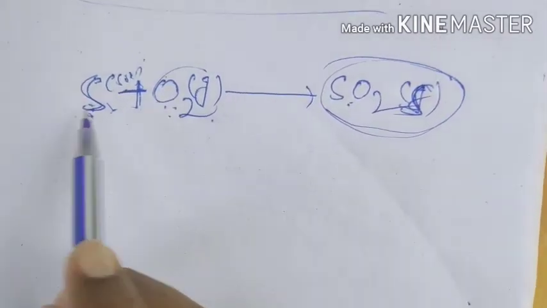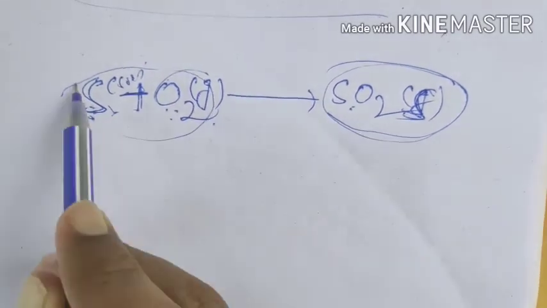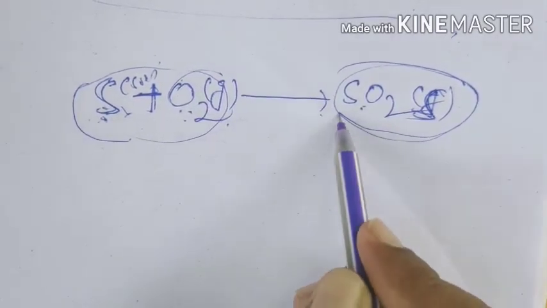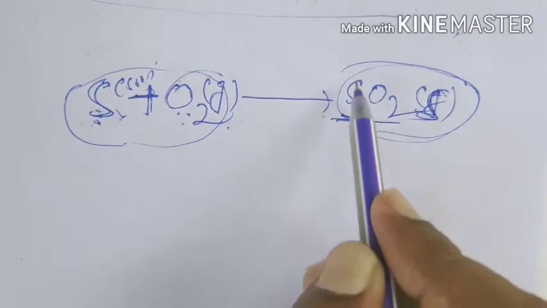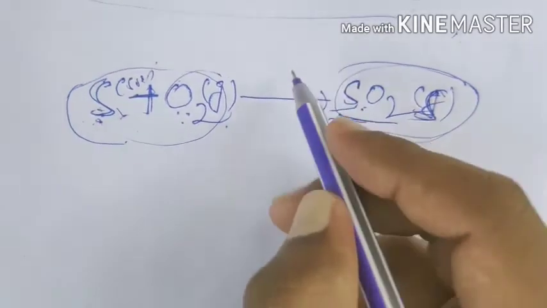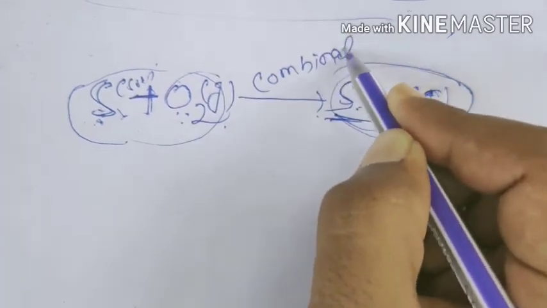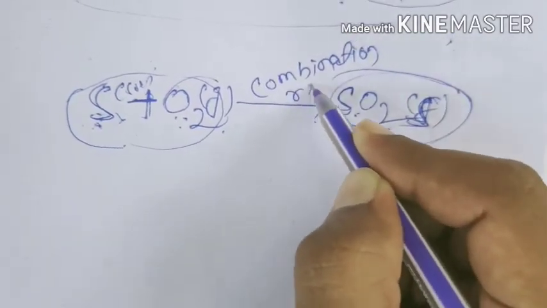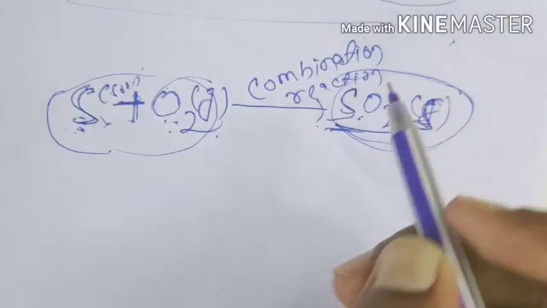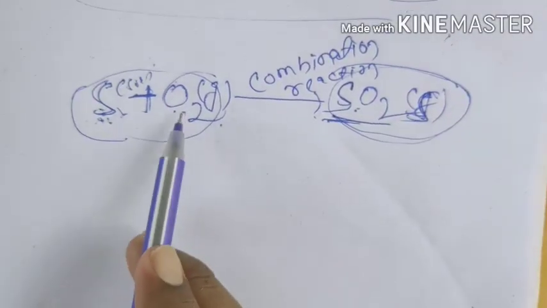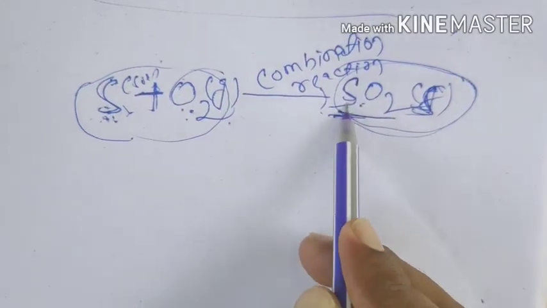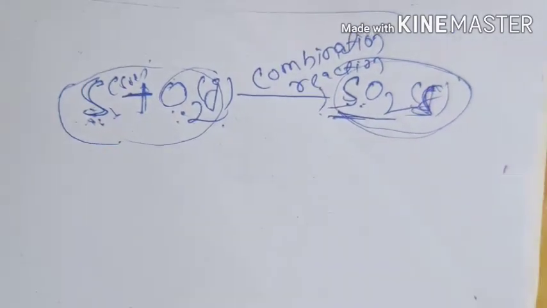So sulfur and oxygen are two reactants that combine to form a single product, sulfur dioxide. It is also a combination reaction, because in this reaction two reactants are involved to produce a single compound, sulfur dioxide.